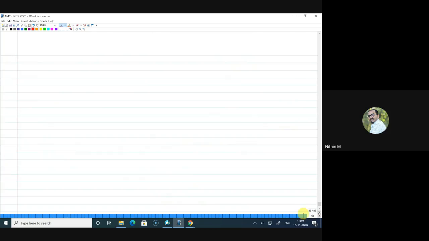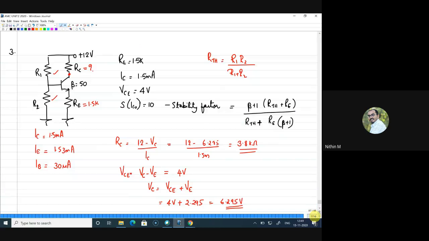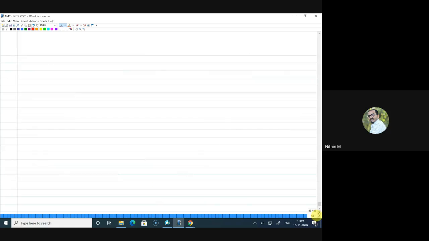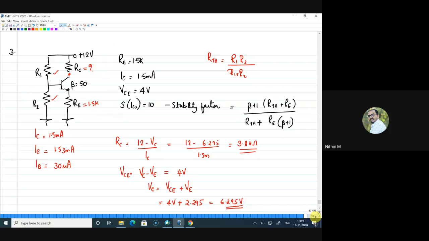Let me write that equation in this form. VTH, this is RTH, and now I have the transistor here. This is 12.